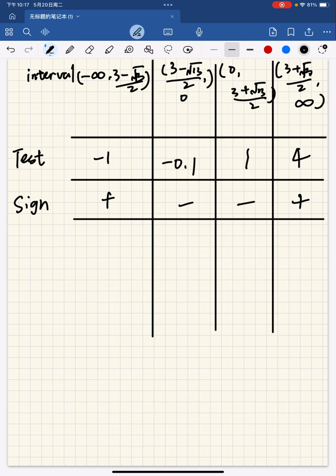So the conclusion will be, because first of all, this is a positive sign and then a negative sign, the graph should look like a concave down, so like this. So it has a local maximum.